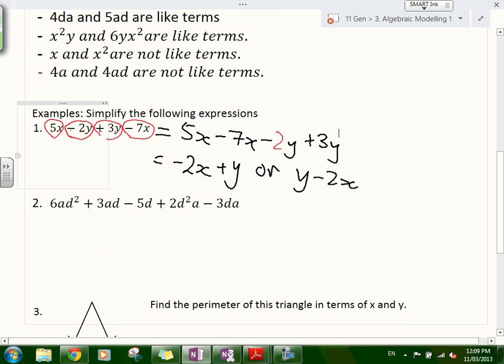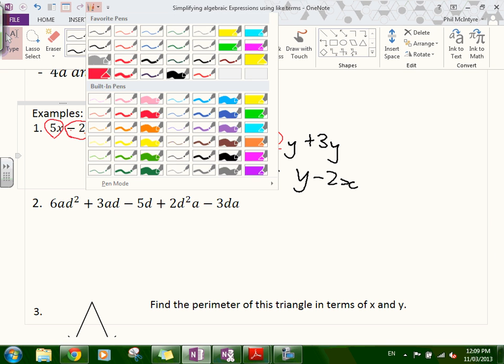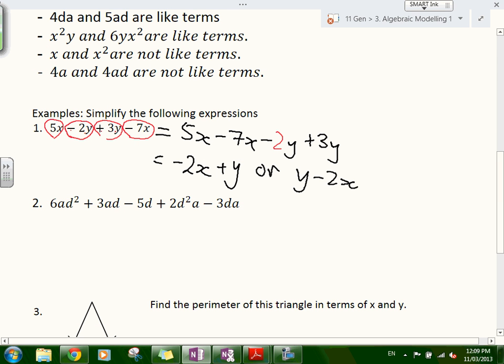6ad squared plus 3ad minus 5d plus 2d squared a minus 3d. Basic. What are the like terms here? 6ad squared.